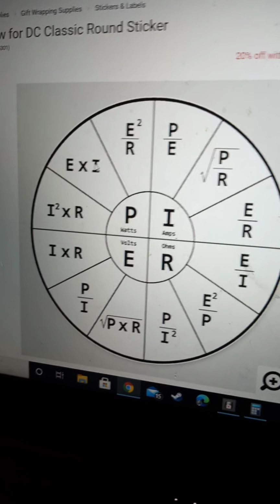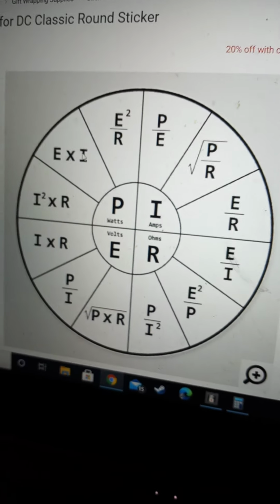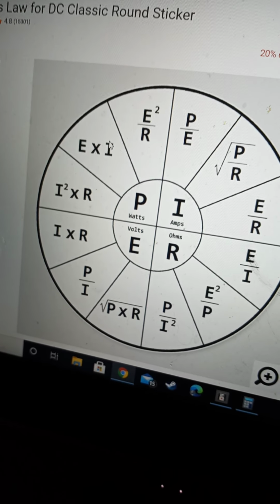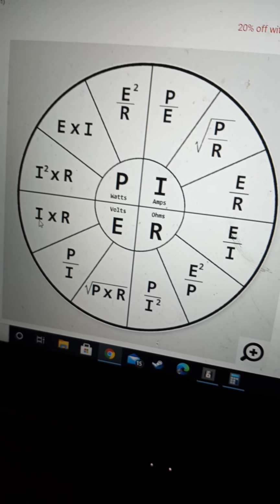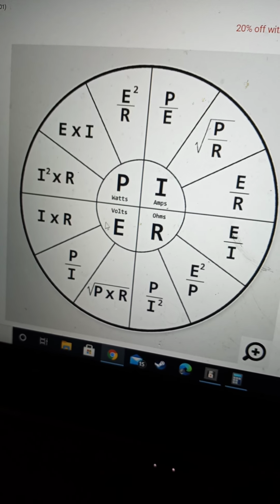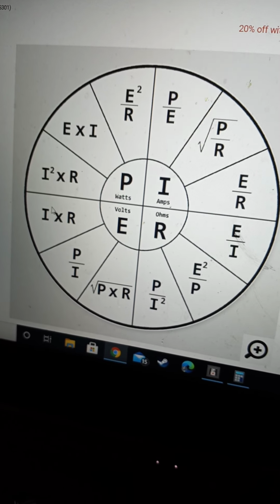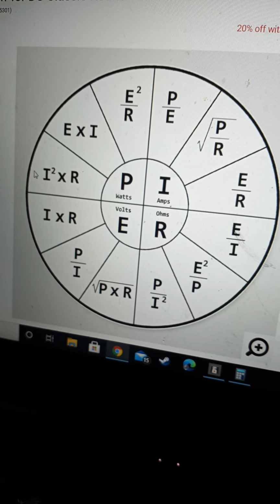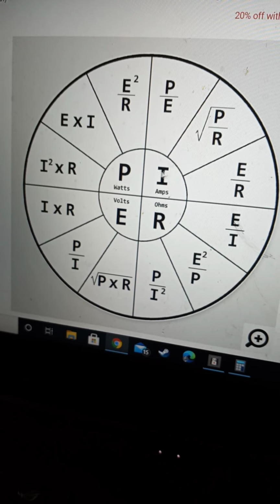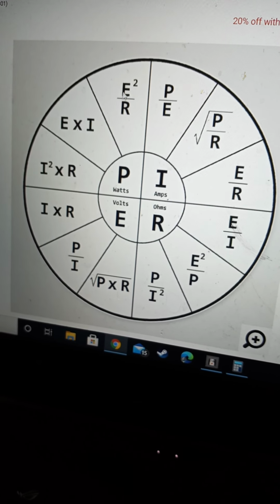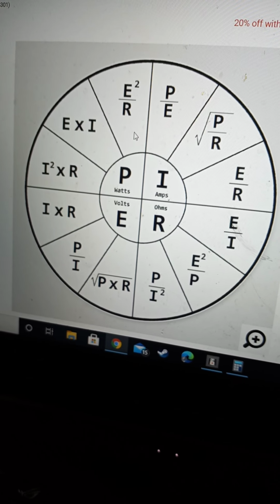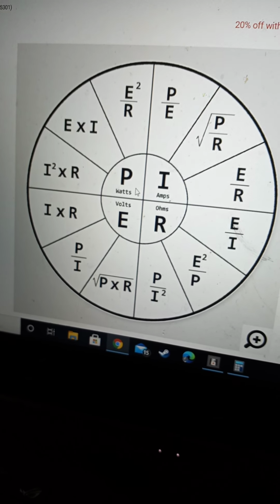Here's the Ohm's law wheel, where you got P, where we got I, remember I squared times R, and see how similar that is right down here to I times R is E. See how similar that is to there? It's squared now. And on the flip side over here, E squared divided by R gives you P, right?